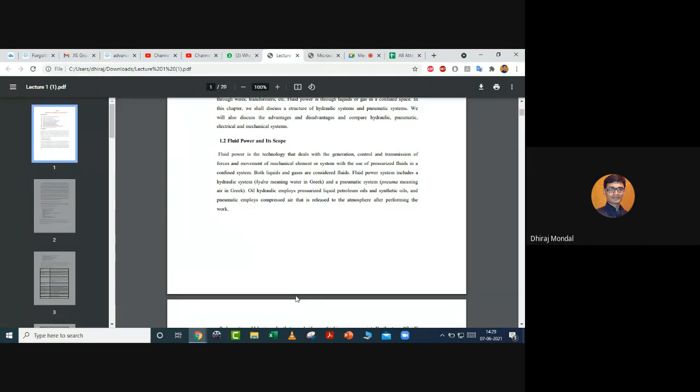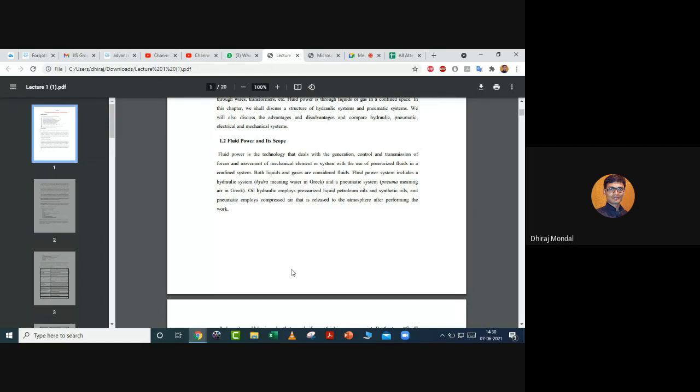A fluid has the ability to flow from one point to another point. Continuously the fluid is deforming and moving with the help of some pressure. If I'm pressurizing some fluid, then it will move forward.